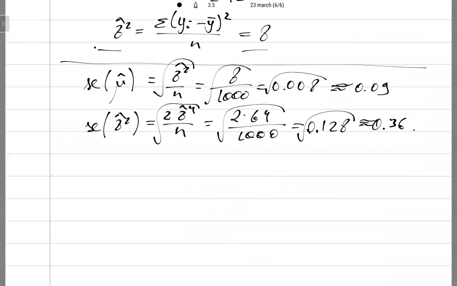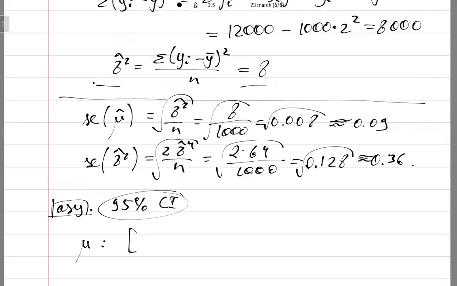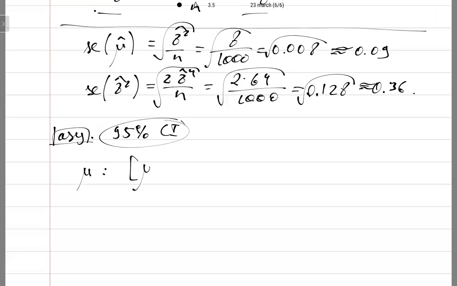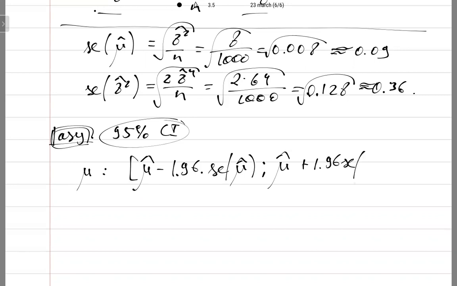And finally, I have asymptotic normality once again. If I estimate mu, the estimator will be asymptotically normally distributed. I don't care which one, but asymptotically, I can easily build 95% confidence intervals. For mu, it will be from mu hat minus 1.96 times standard error of mu hat up to mu hat plus 1.96 standard error of mu hat.